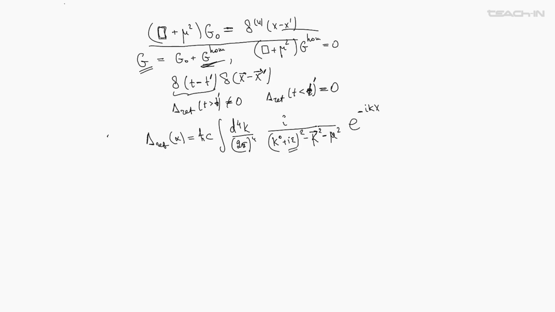Now, with this representation, you can also elementary check that the Klein-Gordon operator acting on delta retarded produces a delta function. So you have d mu, this is my box. So box plus mu squared acting on delta ret.